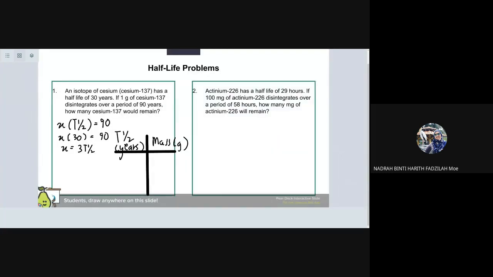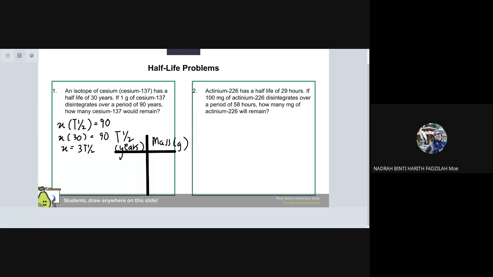Okay. Untuk mereka yang belum lagi ada idea macam mana nak buat, I would like to show you another way to approach this. So since we already know what is the half-life of cesium, here is another approach. Kita tak tahu berapa kali half-life untuk 90 tahun. So what we can do is find out how many half-lives first.